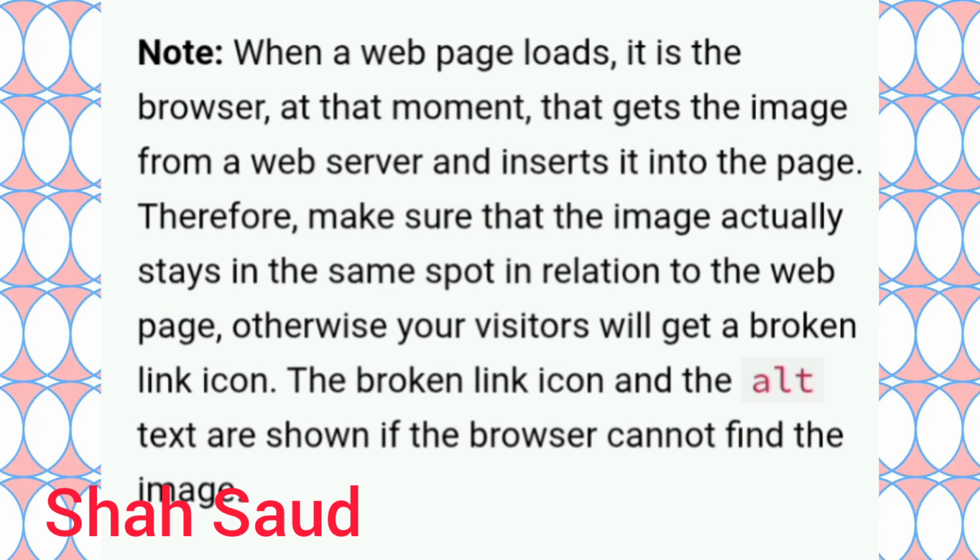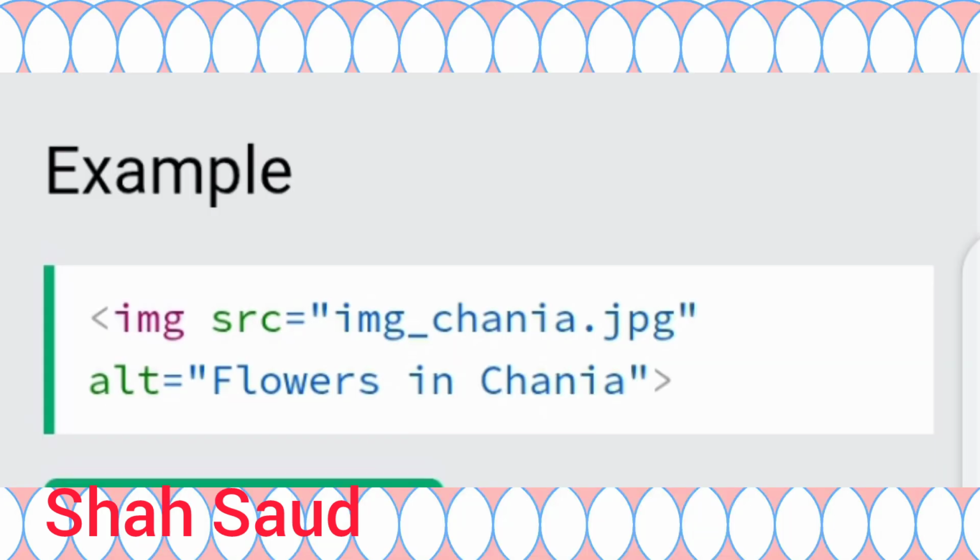A broken link icon is an icon that displays on the web page when it cannot get the image, because the browser cannot find where the image is kept in your computer.